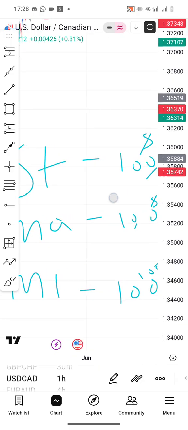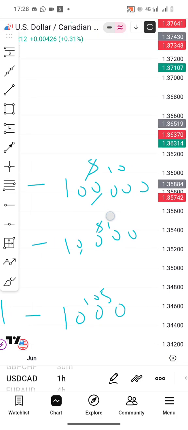That simply means a standard lot size account is a $100,000 account. So each pip move, you are making $10 or losing $10. I don't know if you get it. If you don't get it, you can go back and rewatch the video.